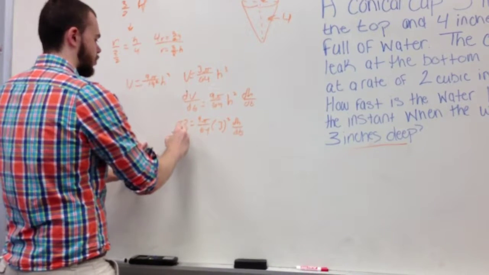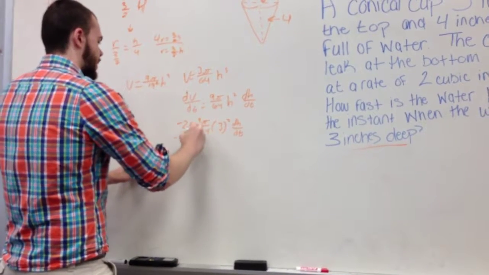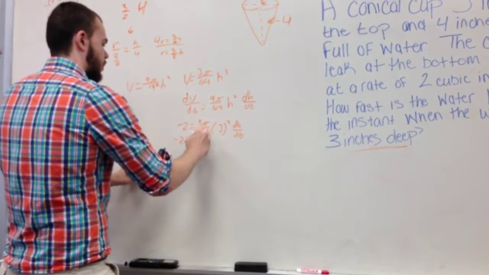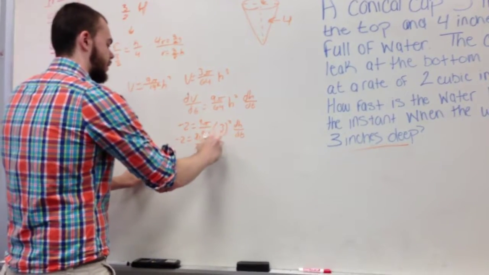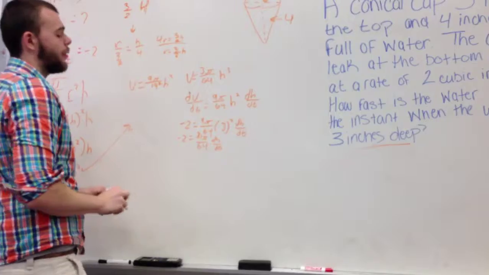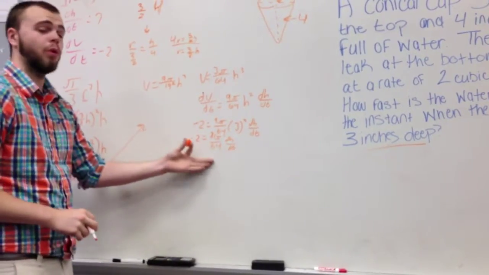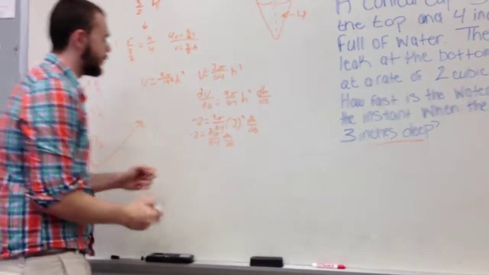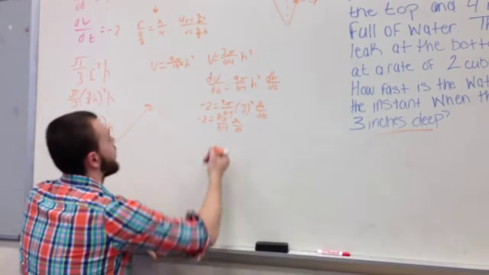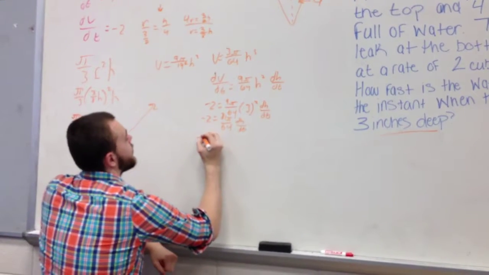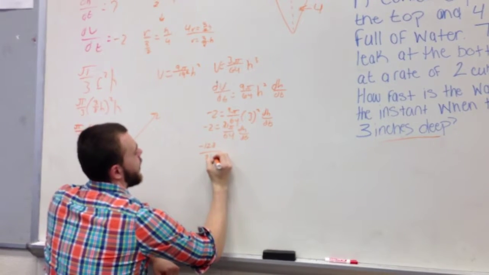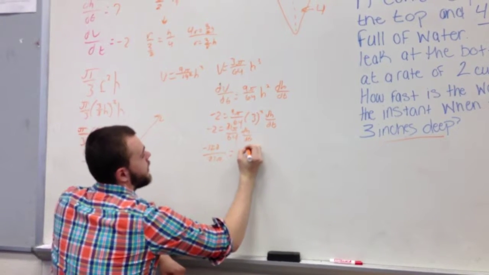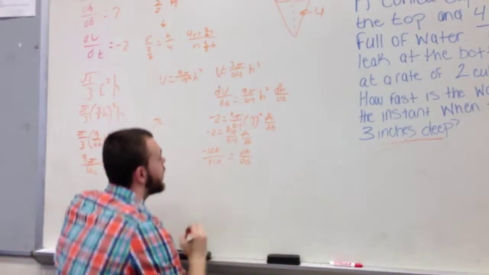So negative 2 is equal to 81 pi over 64 dh/dt. Now, we learned in algebra that when you divide, you multiply by the reciprocal. So we have negative 128 over 81 pi is equal to dh/dt.